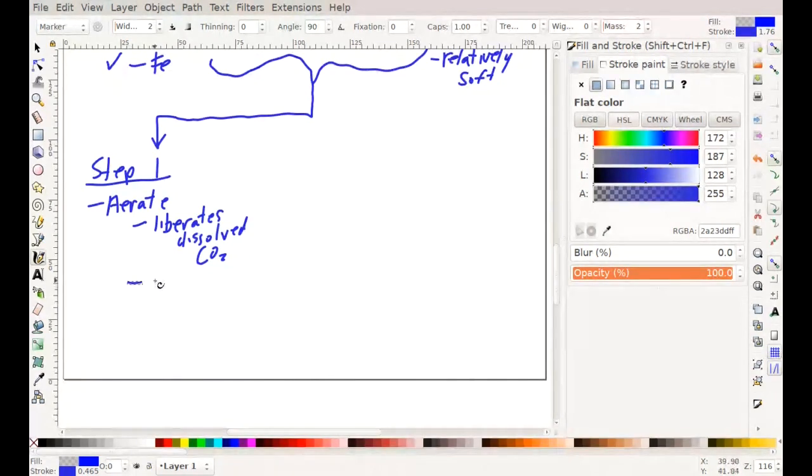But more importantly, if we've got iron, what we're going to do is take ferrous bicarbonate, FeHCO3. This is a soluble form. It's soluble, right?